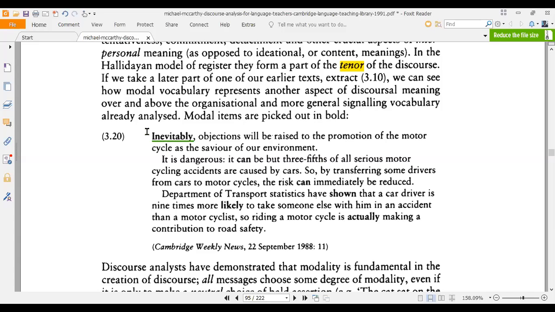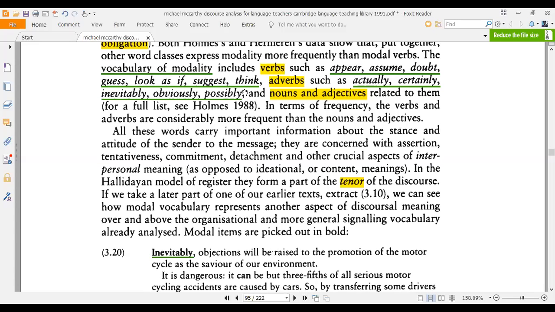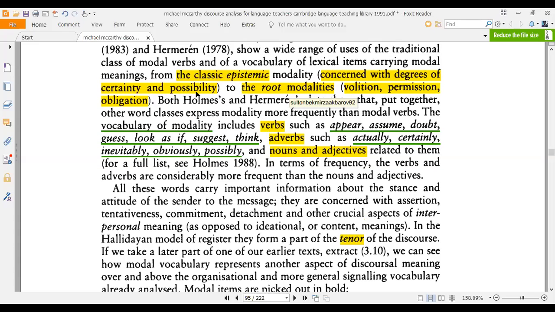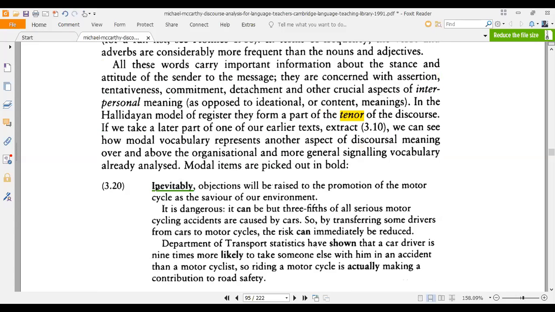What type of modality can it be? You can see that inevitably is an adverb, and this is called certainty. It is classic epistemic modality because inevitably gives us certainty. It is dangerous, it can be, but 3/5 of all serious motorcycling accidents are caused by cars.